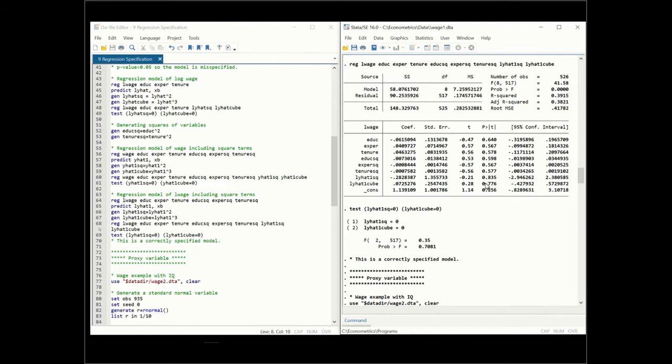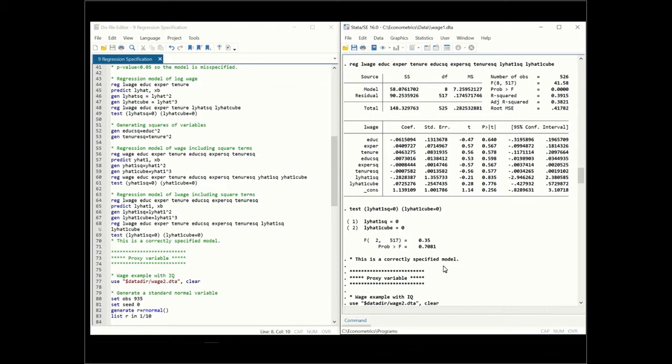And I'm looking at the p-values. So these coefficients are not significantly different from zero using individual t-tests. And if we actually look at the F-test, we have that they're also not jointly significantly different from zero. So we finally found the correctly specified model. So this is what the RESET test did.